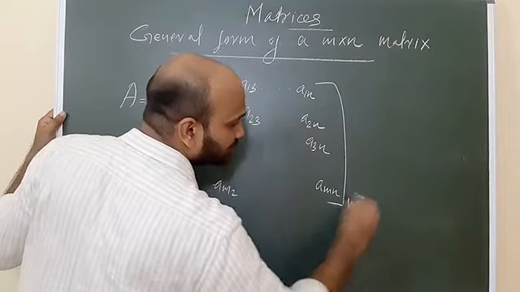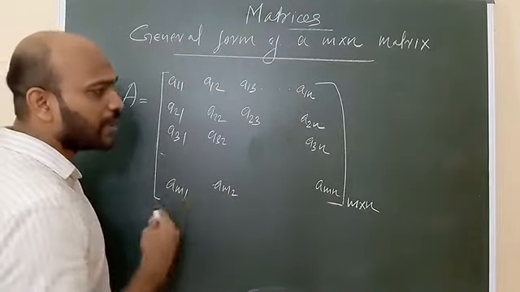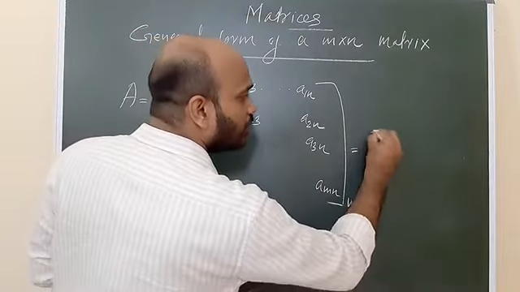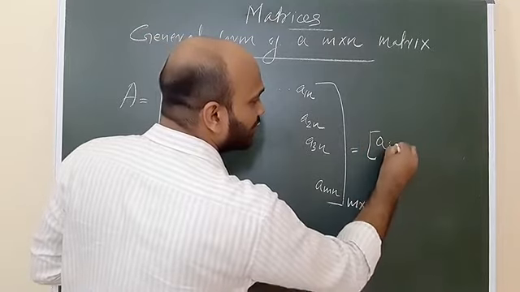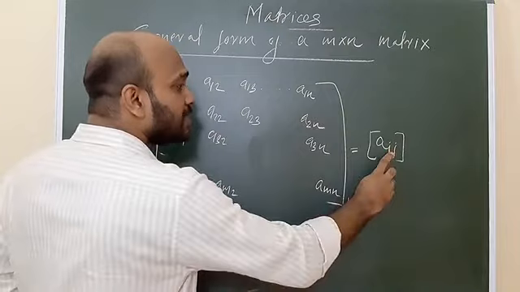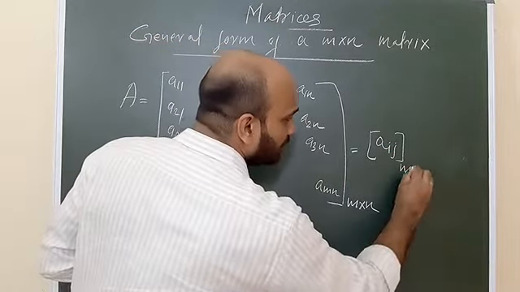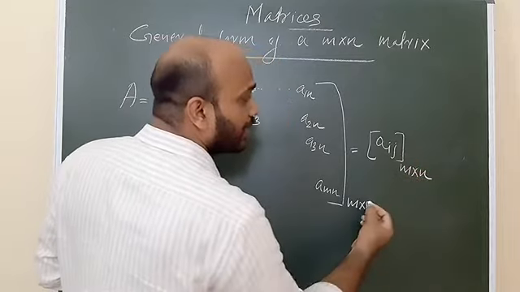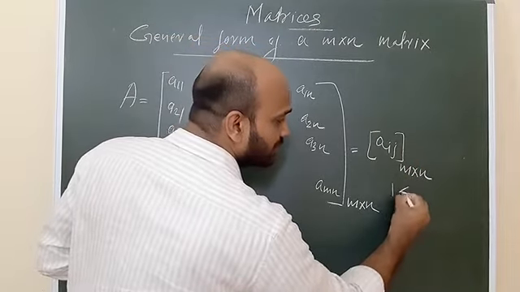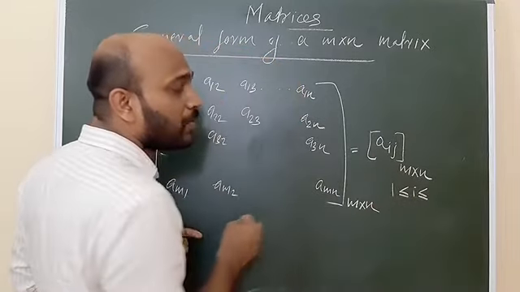That we will write here. This is one way. One more way is the same matrix we can represent like this. It's equal to the matrix Aij. It's very simple. Matrix Aij, where Aij represents all these elements. So the order is m by n, and i varies, 1 less than or equal to i less than or equal to, actually, i represents the number of rows.